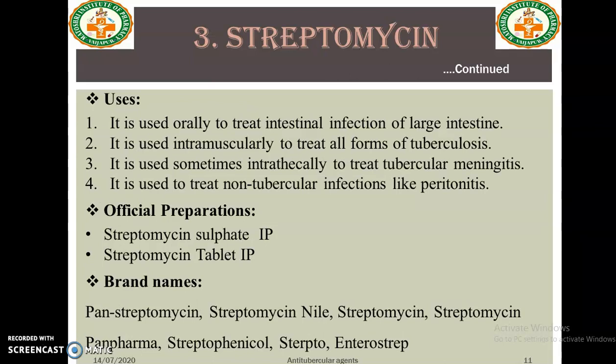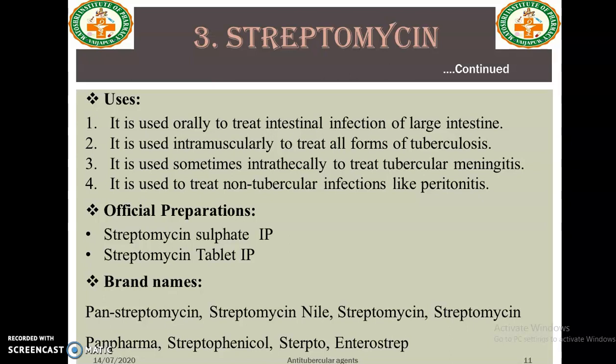Uses of streptomycin are as follows. First, it is used orally to treat intestinal infection of the large intestine. Second, it is used intramuscularly to treat all forms of tuberculosis. Third, it is sometimes used intrathecally to treat tubercular meningitis.